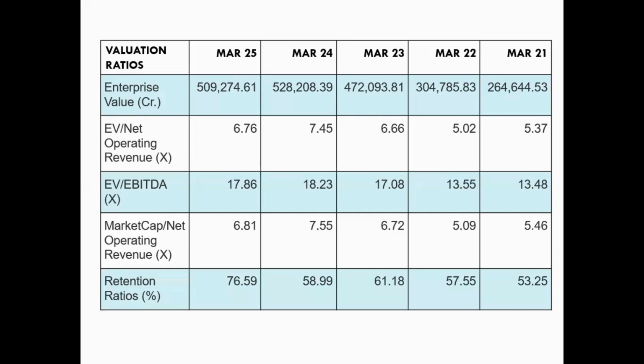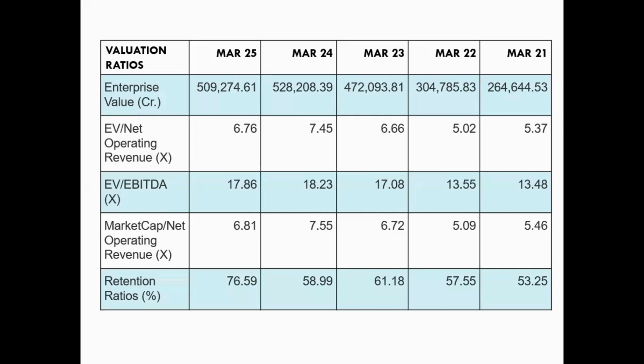Market cap on net operating revenue is 6.81, 7.55, 6.72, 5.09, 5.46.